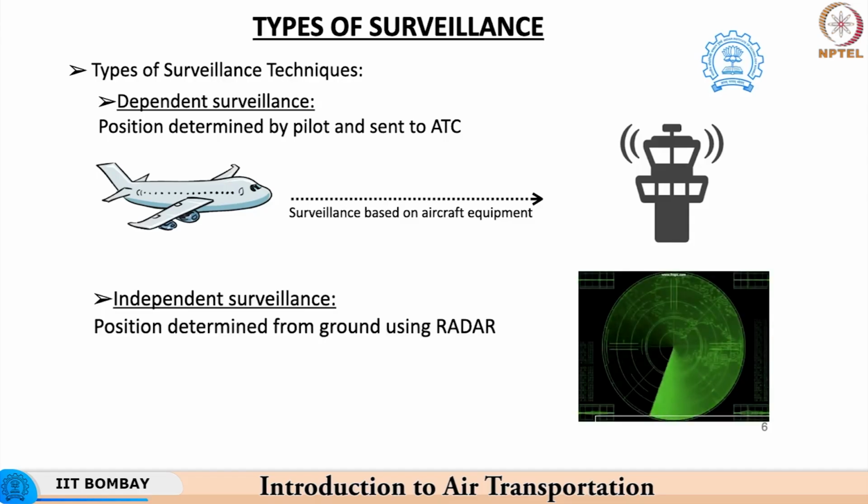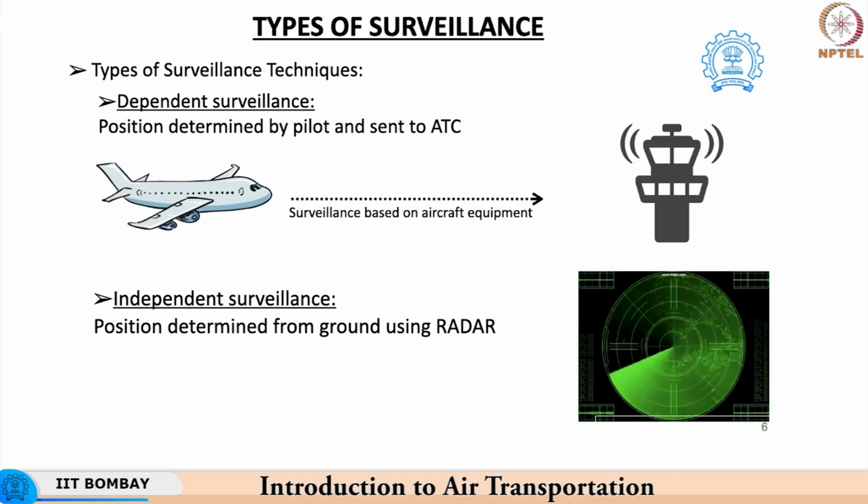And the second type of technique, which we already mentioned previously, is the independent surveillance technique. In this type of technique, the location of the aircraft with respect to the terminal in view is obtained by the ground station itself.